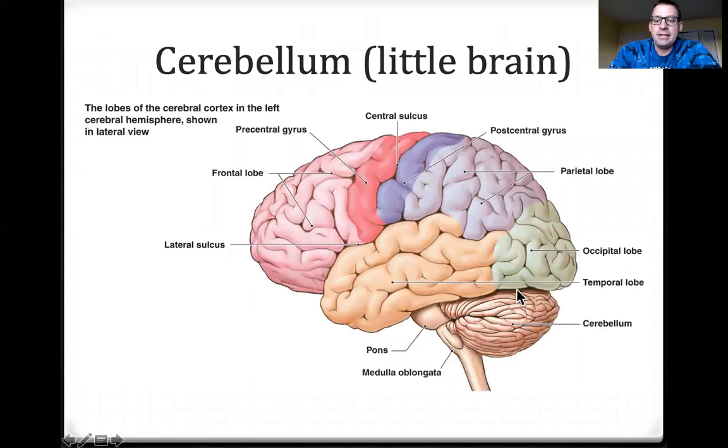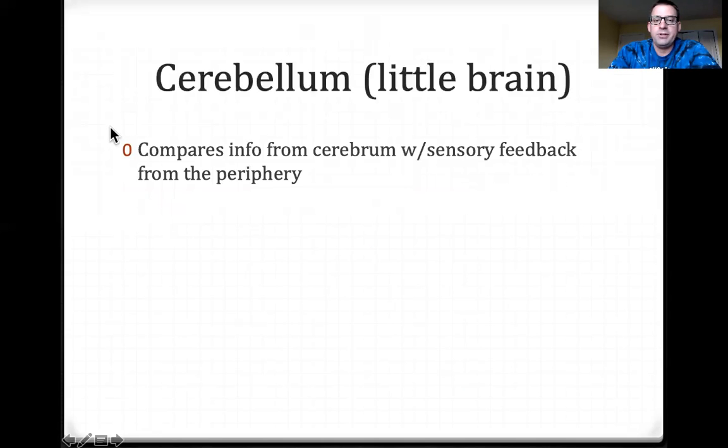Okay. And then the last region of the brain I want to look at is the cerebellum, which literally translated means little brain. What this does is it compares information from your cerebrum. So motor information coming down from the cerebrum, telling you how to move your body and how to walk around.